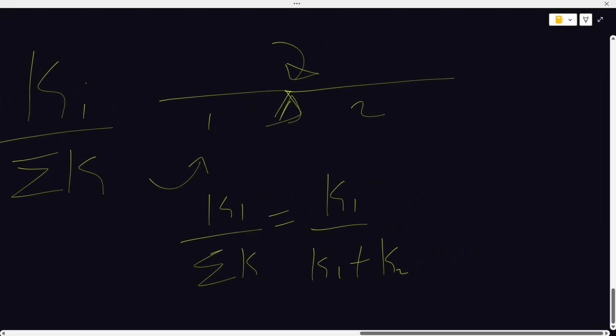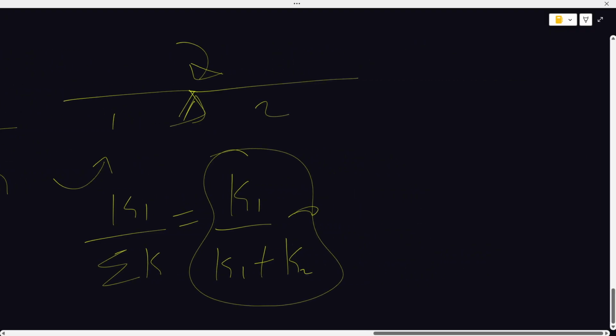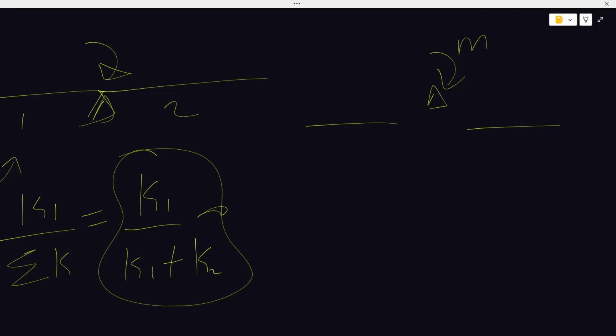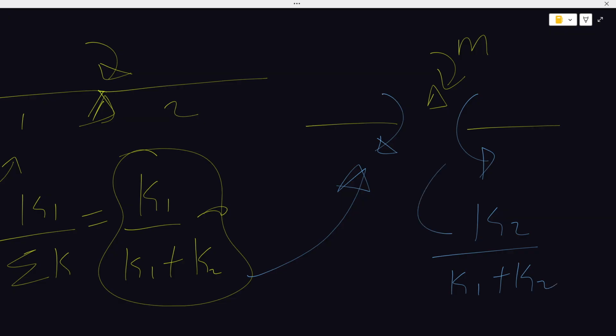So this value that we obtain here will tell us, when we split this beam, how much of the moment applied at the joint would be converted to this place. What would we get here? This value will tell us what we get here, while K2 over K1 plus K2 will tell us what we get here, because we're dealing with portion 2.